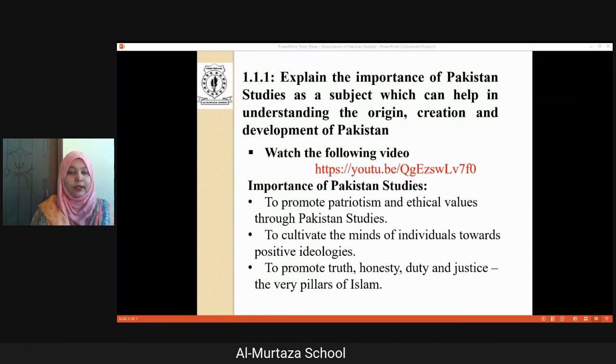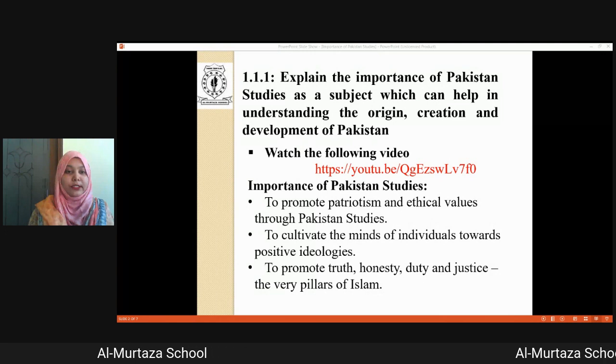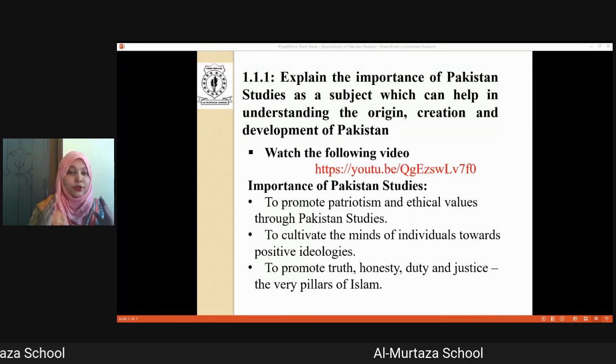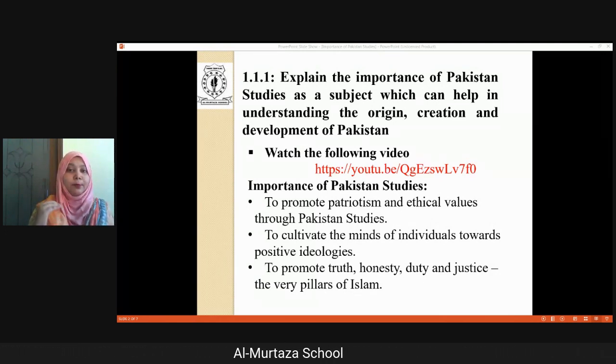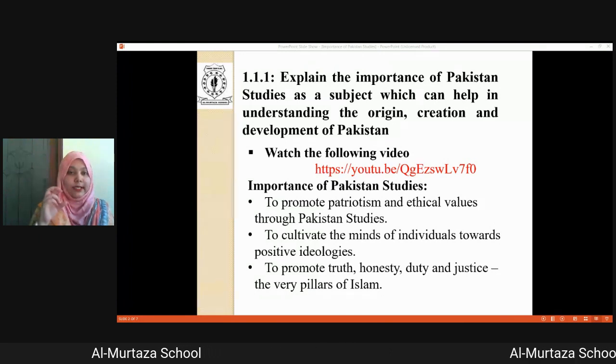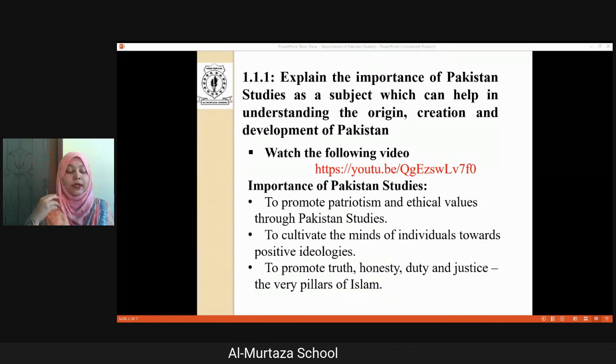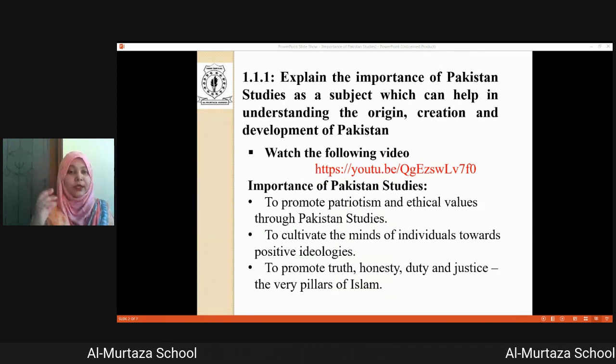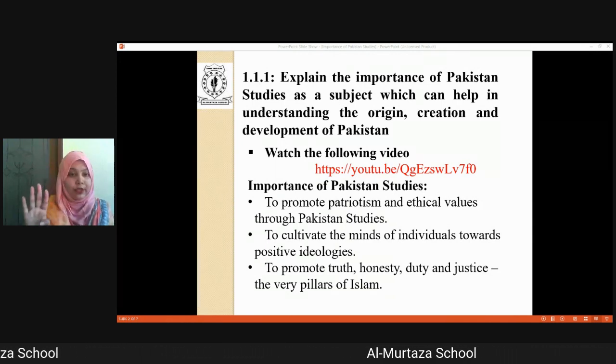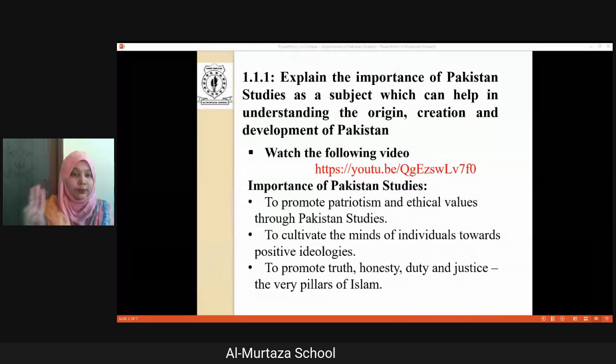Here the student has to tell the importance of Pakistan studies in the context of the origin, creation, and development. It means if the same question comes in the paper, you have to cover these three aspects and write according to them.